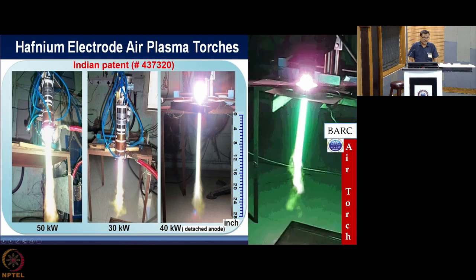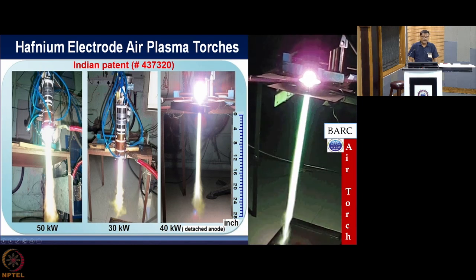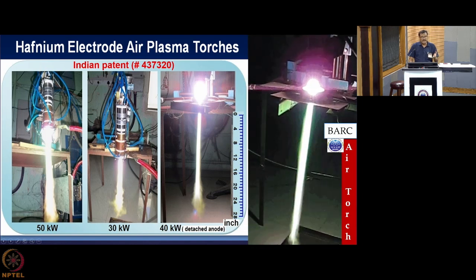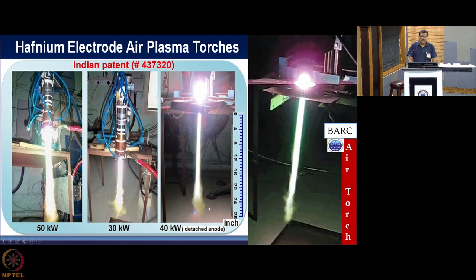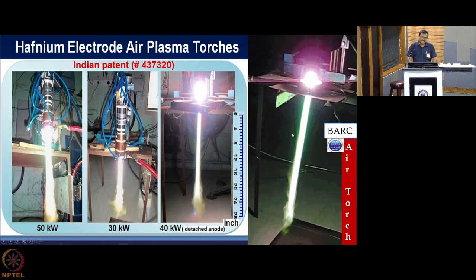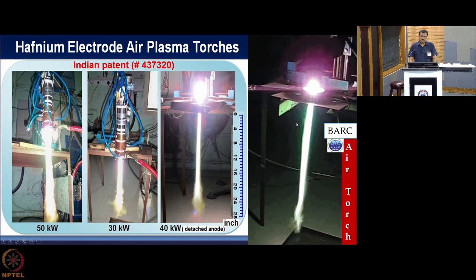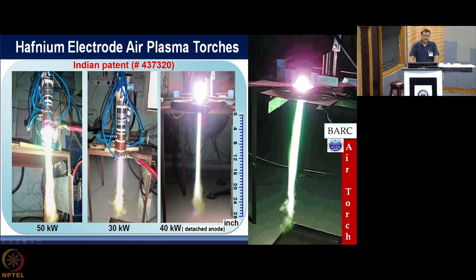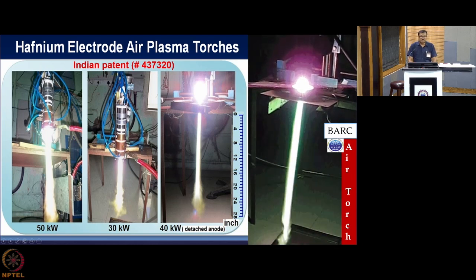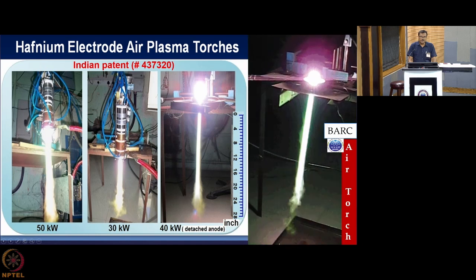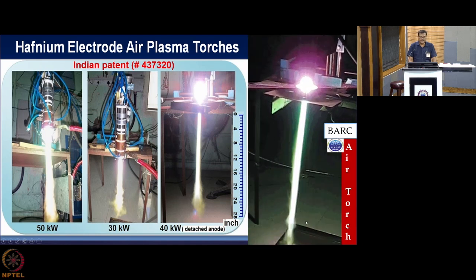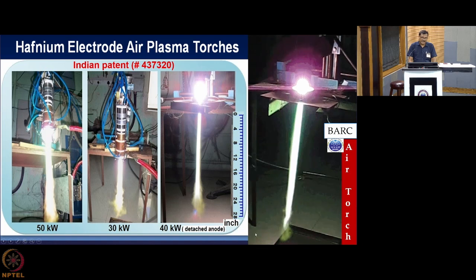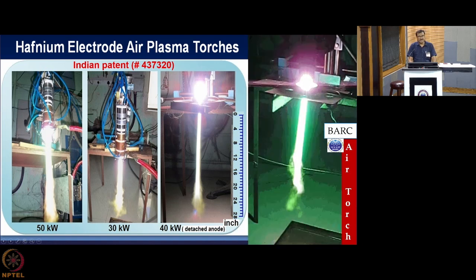It is stabilizing the plasma plume, the plasma arc, and it is producing a plasma of so long a length. You can see here the video. It is throwing the plasma from the top of a table almost to the bottom floor. So we have put a tray that is filled with water so that it cannot damage the floor.